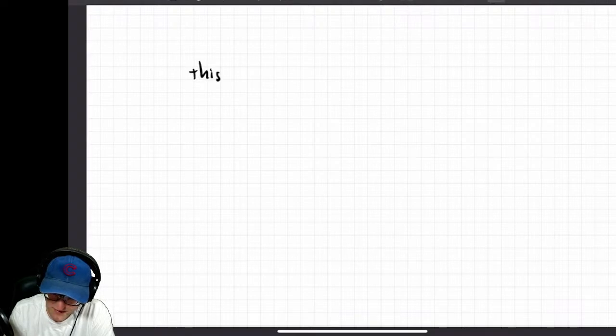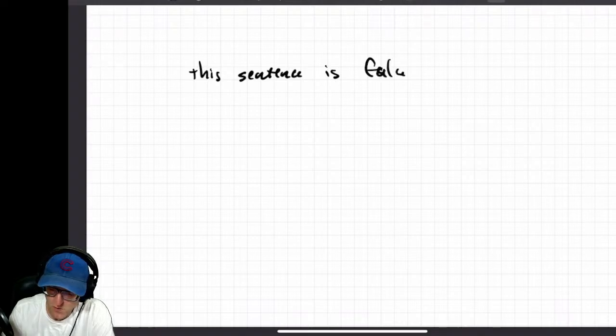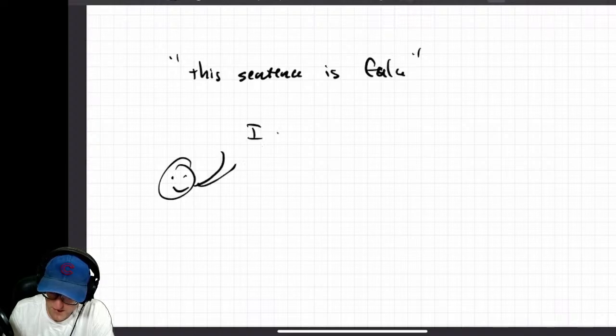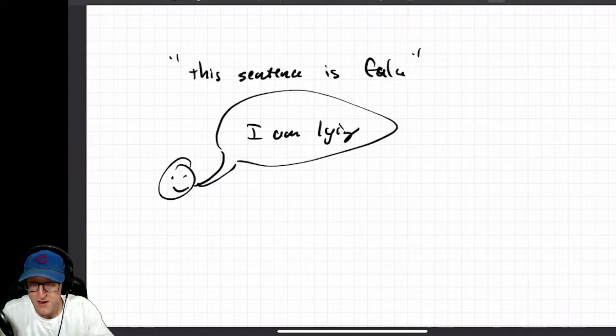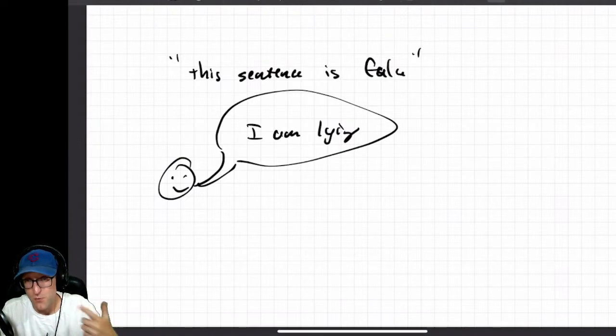This sentence is false, right? Or somebody saying, I am lying, right? So it all comes down to self-reference or recursion.